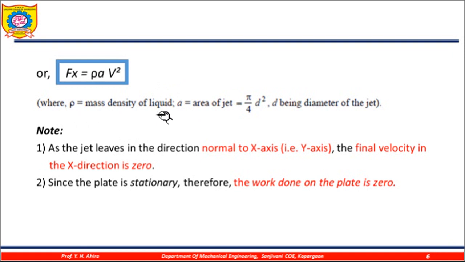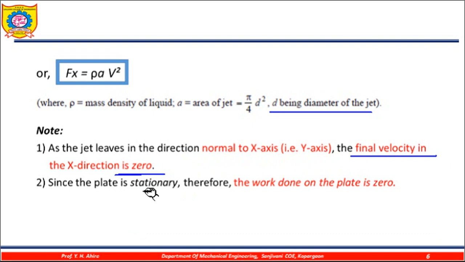Rho is the mass density of the liquid, A is the area of the jet, equal to pi by 4 d squared, where small d is the diameter of the jet. Note that as the jet leaves in the direction normal to the x axis, that is the y axis, the final velocity in the x direction V2x is 0.